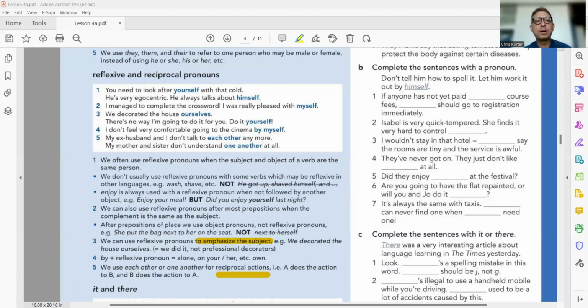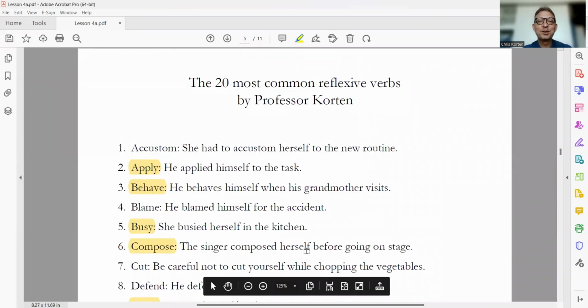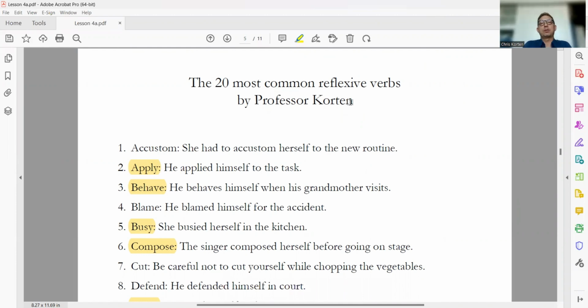Now, I want to talk about reflexive pronouns in a different way, because I feel that we should just look at the most common ones and understand how to use those. So here we go. The most common reflexive verbs that I've compiled. Now, some of these I'm not going to talk about. You can see them, accustomed, but apply is interesting. So I can apply for a job, but I can also apply myself to something like a task.